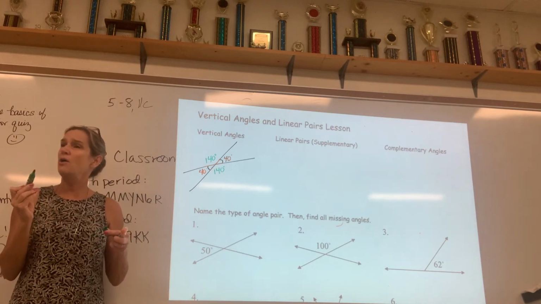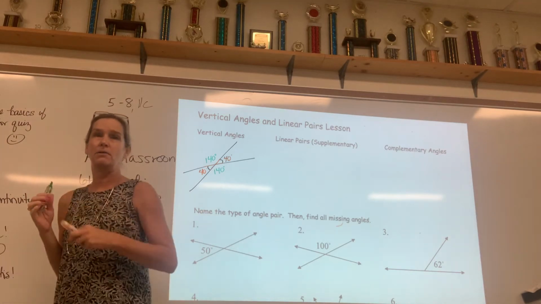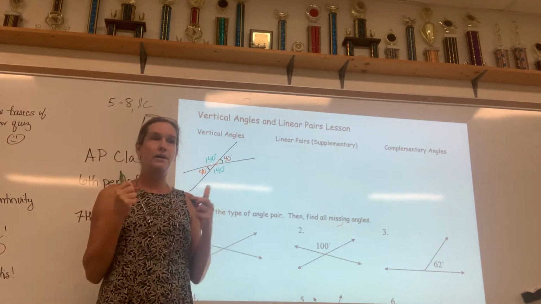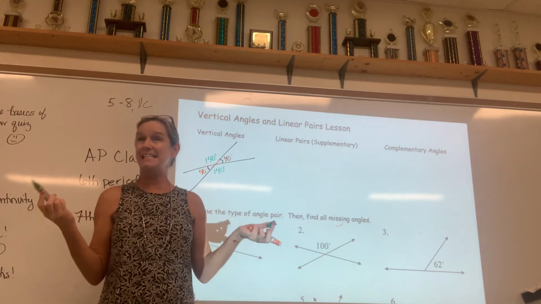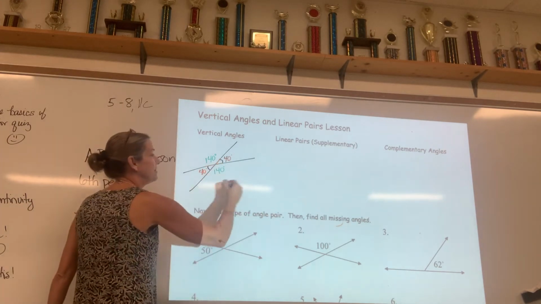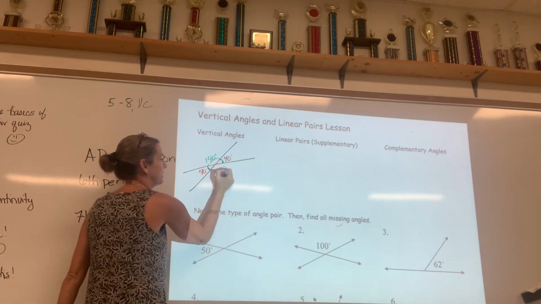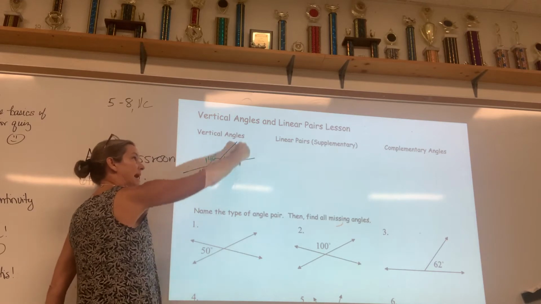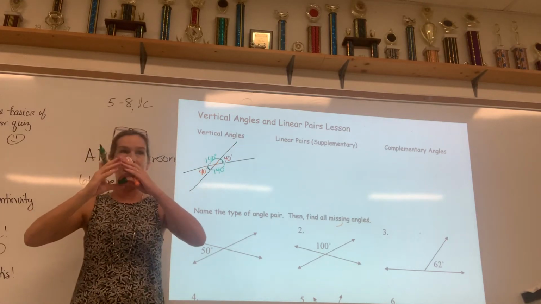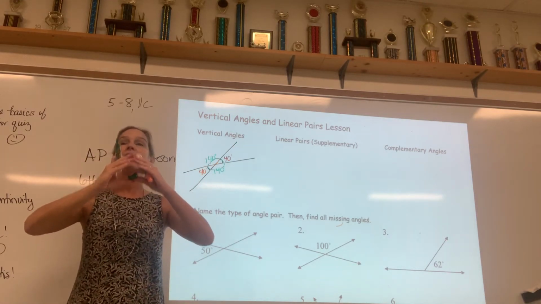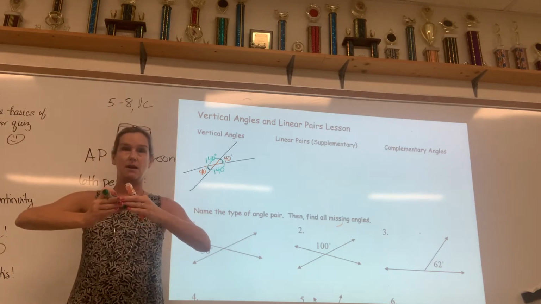And then also, if I go all the way around, what do you call that? 360. The total number of degrees in the whole circle. If all the angles together make a complete circle like a piece of pie, then that's 360 degrees. Okay?